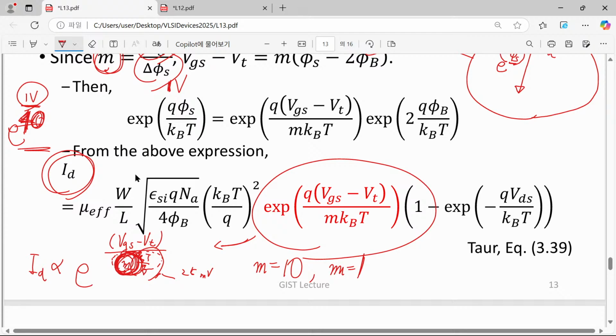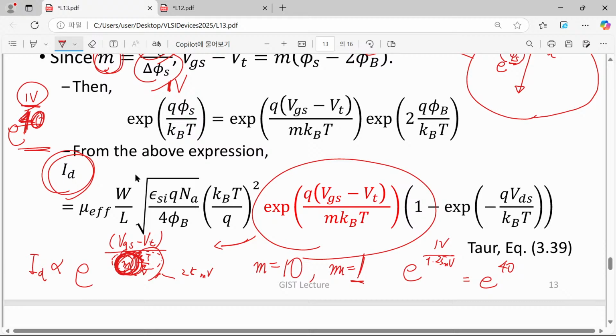That corresponds to the m equal to 1 case, because here we have 1 volt, m is 1, and kT over q is just 25 millivolt, 0.025. So we will have exponential 40. This is corresponding to almost 16 orders of magnitude difference in its magnitude.